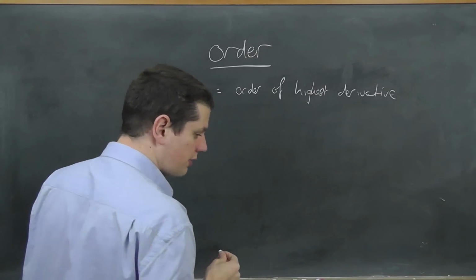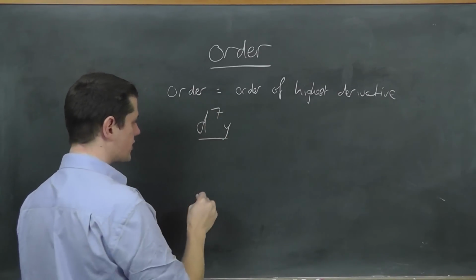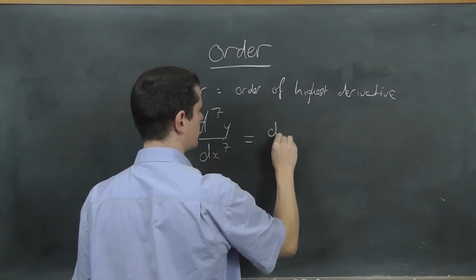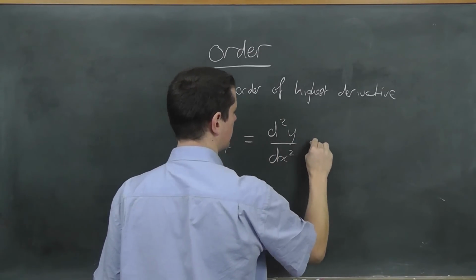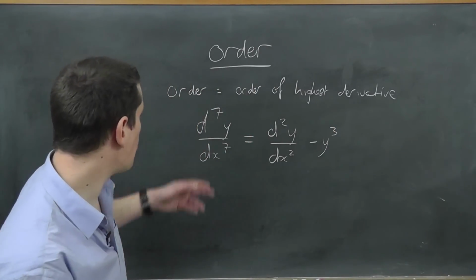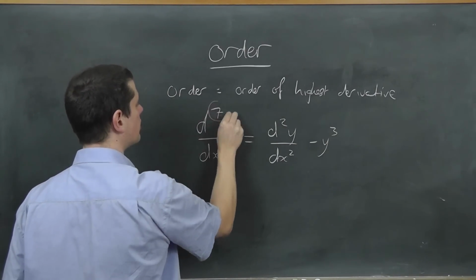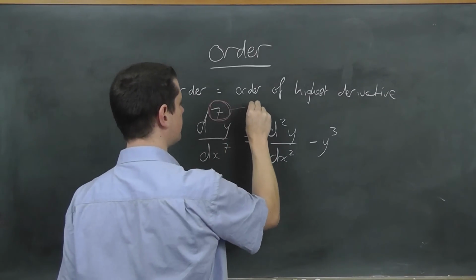So, for example, if we have the differential equation d to the 7 y by dx to the 7 equals d squared y by dx squared minus y cubed, this is an order 7 equation. It's a differential equation of order 7 because there's a 7th derivative in there.